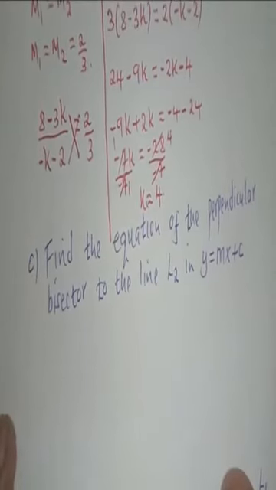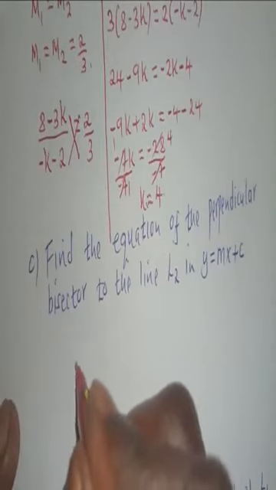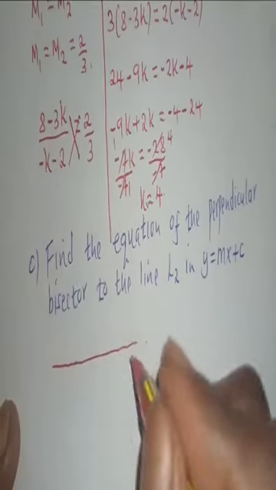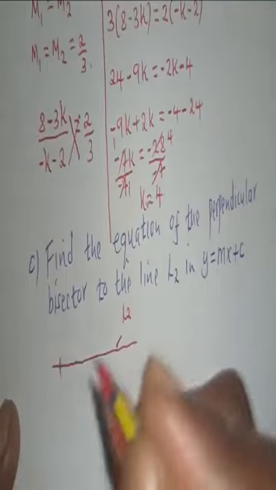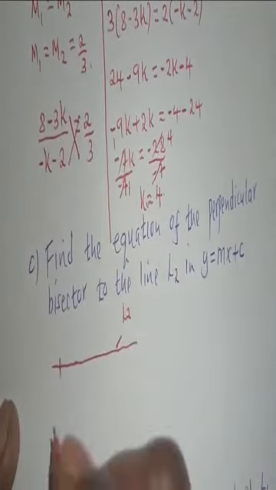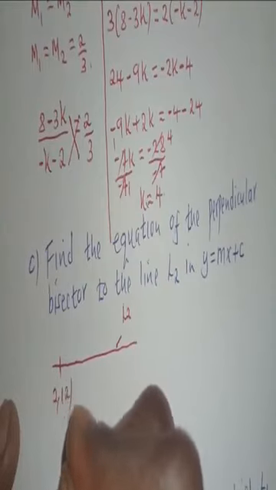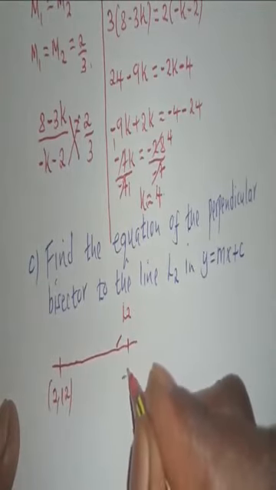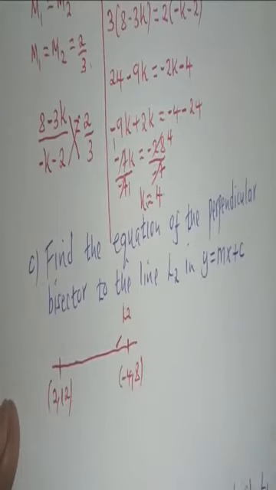First of all, if this is our line L2, and this line passes through point (2, 3k), and of course we have the value of k, so this one will be (2, 12), then this point will be (-4, 8).